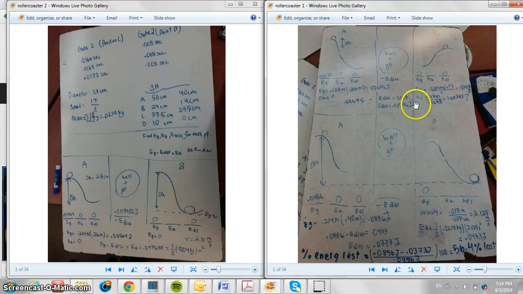And then at point C, we were able to figure out the kinetic energy because the gate was at point C, and we know that the diameter of the ball is 0.01.